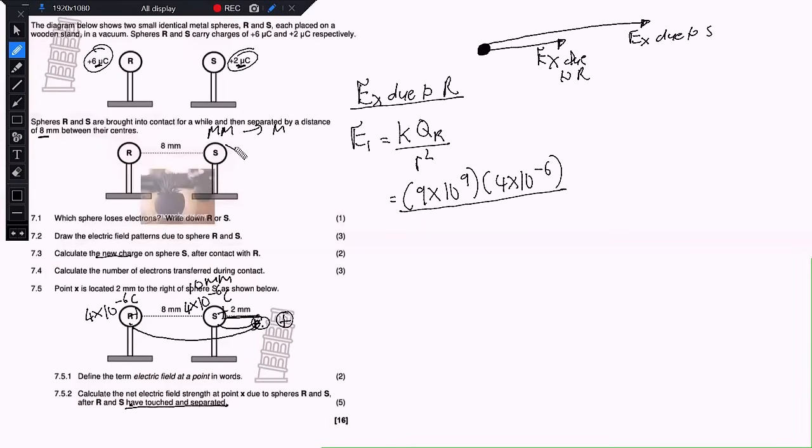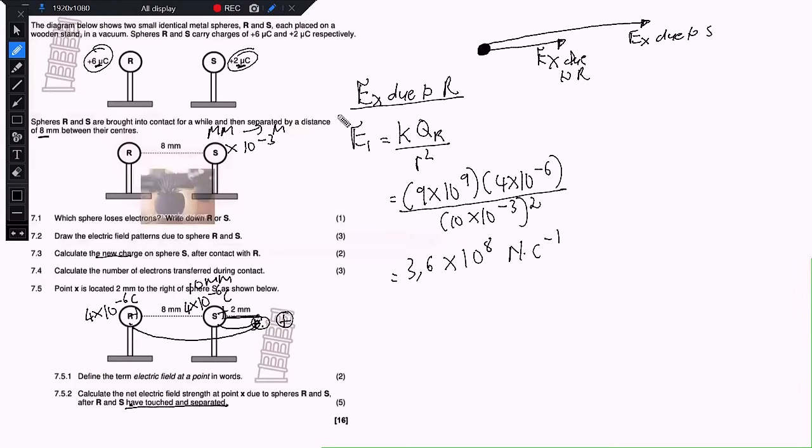Now, how do we convert that? Just simply say times 10 to the exponent of negative 3. That's more like dividing by 1,000, right? So 10 times 10 to the exponent of negative 3, and then square that. If you punch that into your calculator, you get 3.6 times 10 to the exponent of 8 Newton per Coulomb.